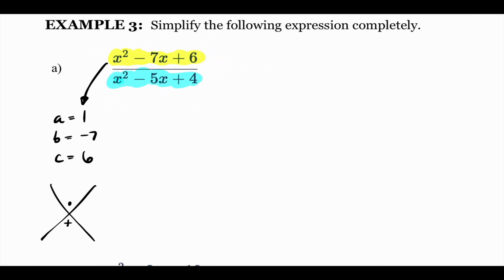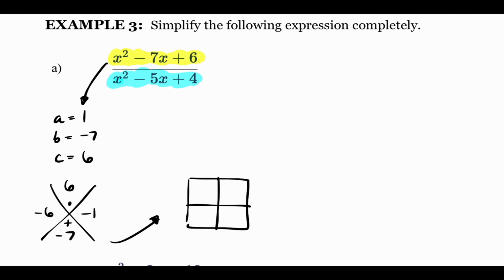Multiply A times C, you get positive 6. B is negative 7. So now I need the two numbers that multiply to be 6 and add to be negative 7. Negative 6 and negative 1. Yeah, we've done this many, many, many times. So we get x squared minus 6x minus 1x and then plus 6.